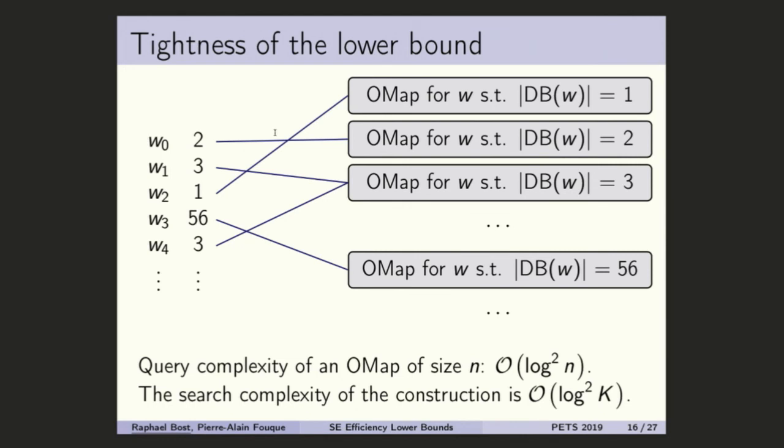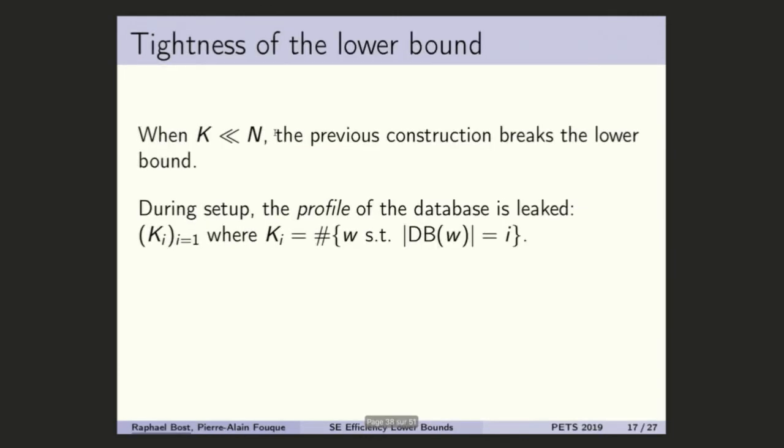This is very hand wavy, but in the end, what we have is that the previous lower bound is completely broken when the number of entries in your database is way larger than the number of distinct keywords, which is a very common case.